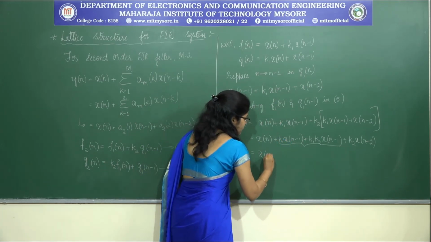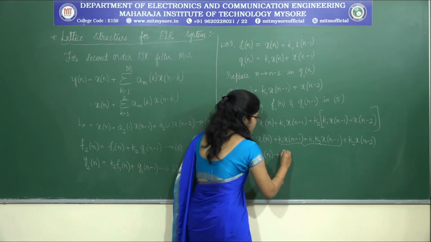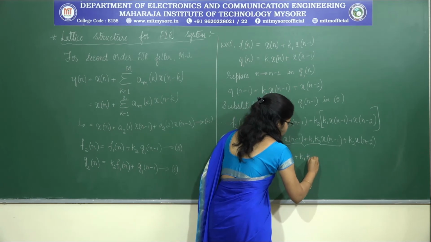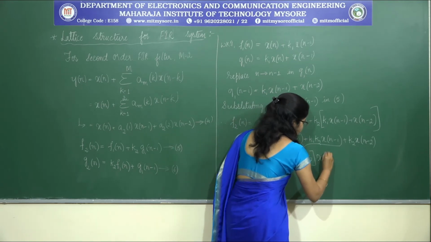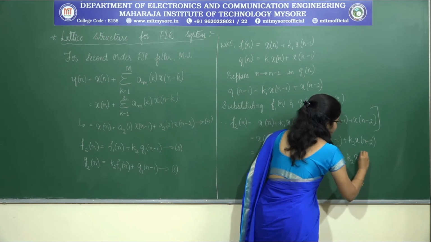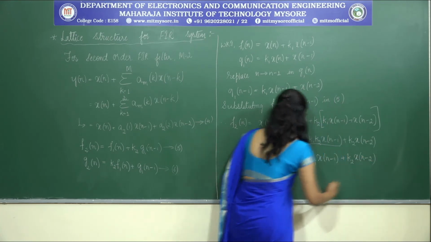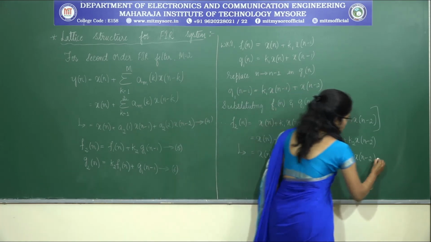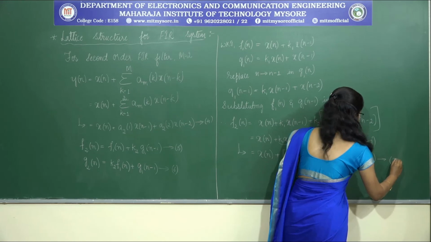So this is equal to x of n plus k1 plus k1 into k2 into x of n minus 1 plus k2 into x of n minus 2. So this is the expression for f2 of n. Let us term this as equation number 7.